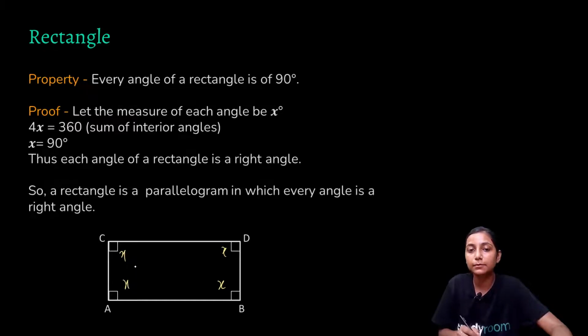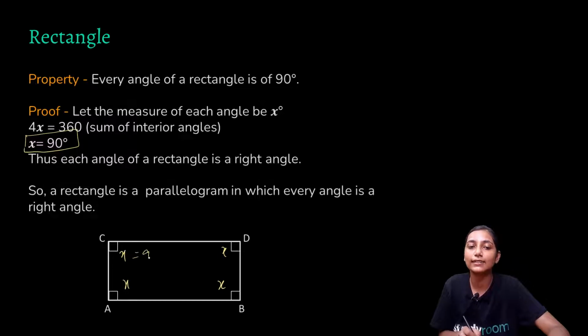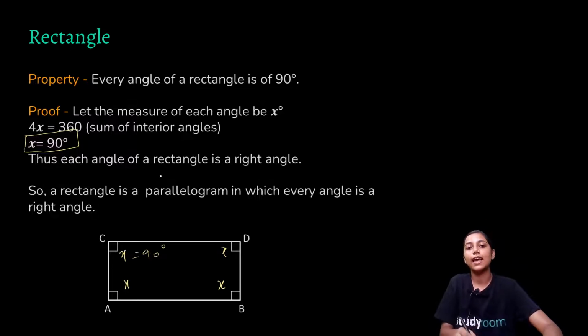That is x plus x plus x plus x equals 360, so 4x equals 360 degrees, then x will be 90 degrees. So we can say that each angle of a rectangle is a right angle, 90 degrees.